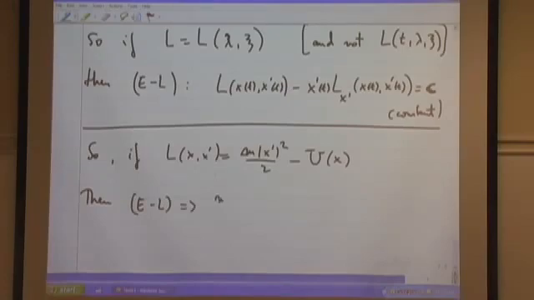So just L, m x' squared over 2 minus u of x, so this is just L, right? Minus x' times the partial of L with respect to the second variable that we computed. It's m x', right?